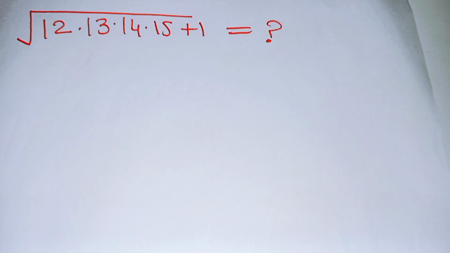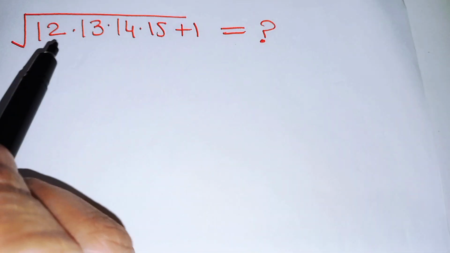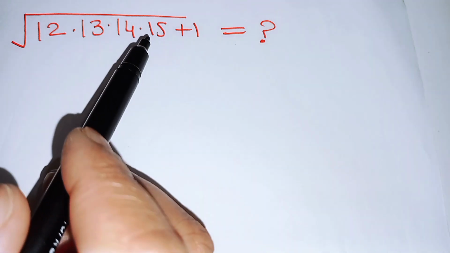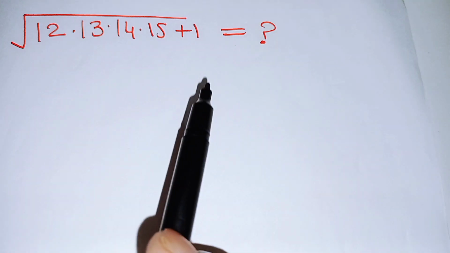And now here again we have another beautiful math problem, which is the square root of 12 times 13 times 14 times 15 plus 1, equal to what solution.